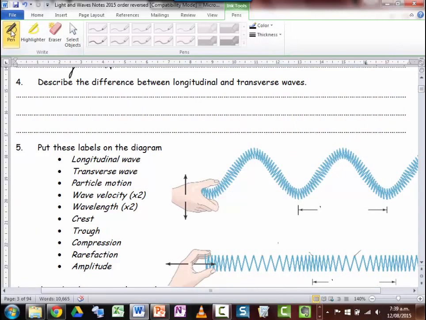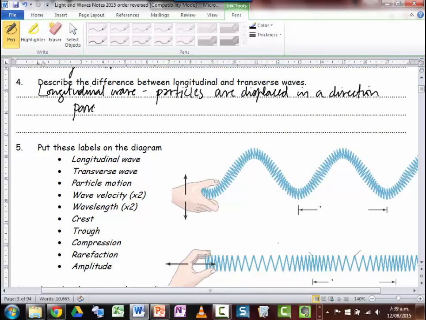The difference is that in a longitudinal wave, particles that make up the wave are displaced in a direction parallel to the direction that the wave is traveling.